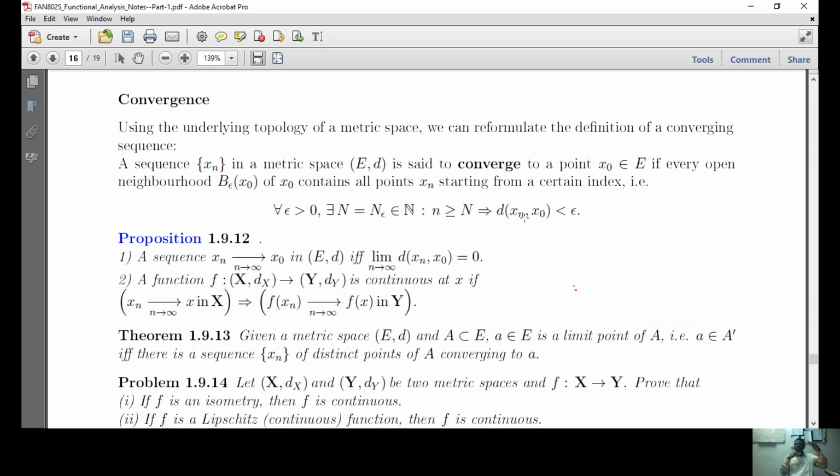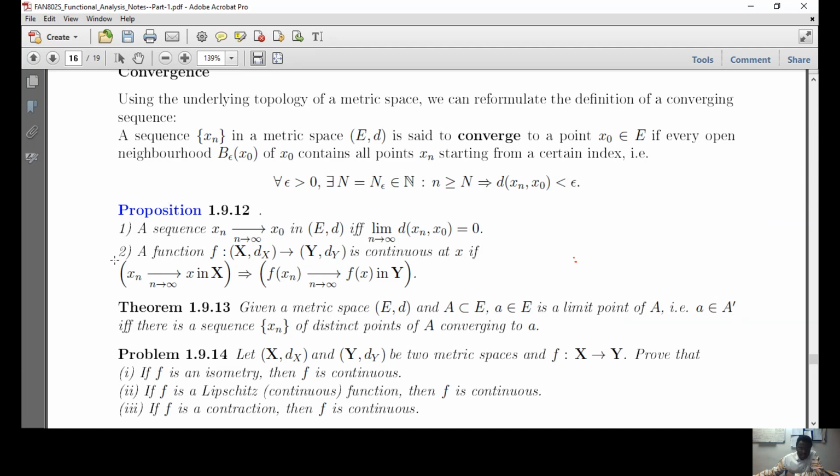We want to carry all the knowledge that you know in R or Rn to those structures or concepts in a more abstract space. This is what we call sequential convergence.